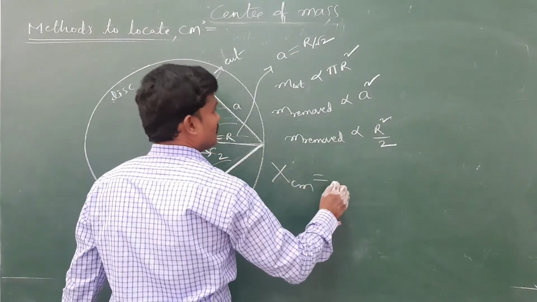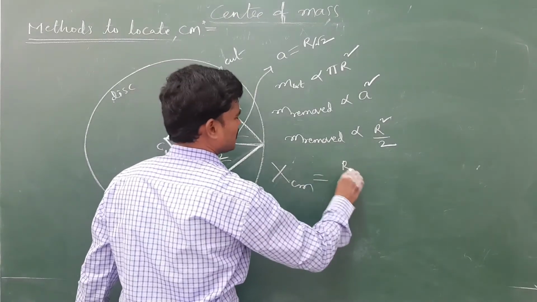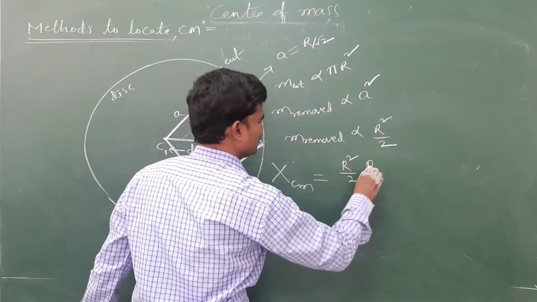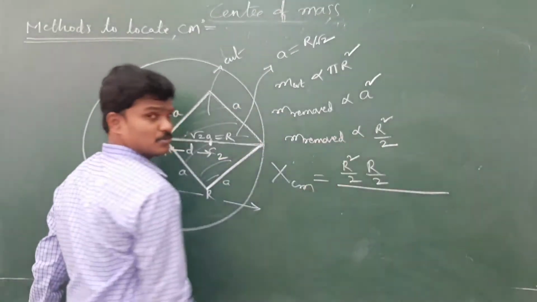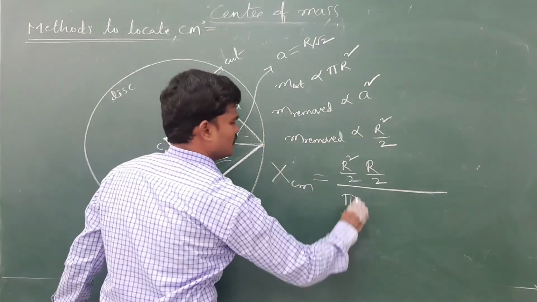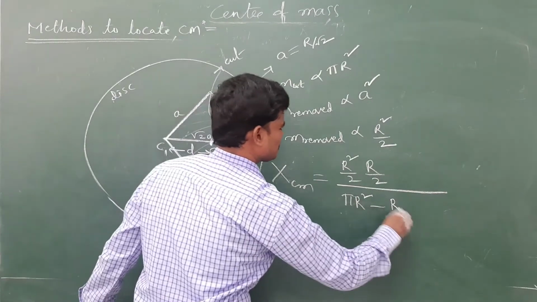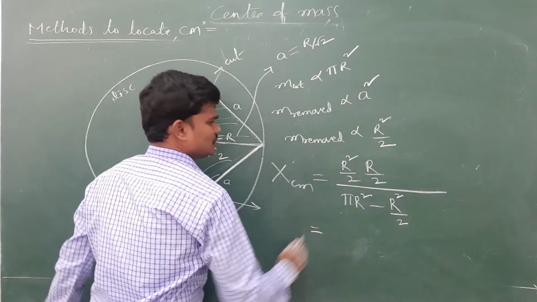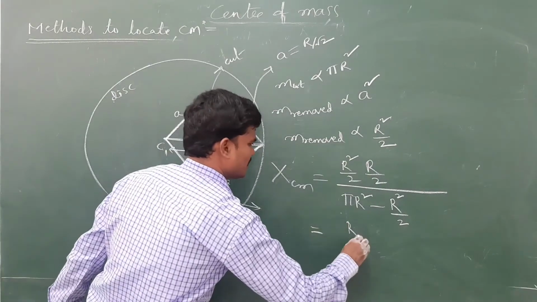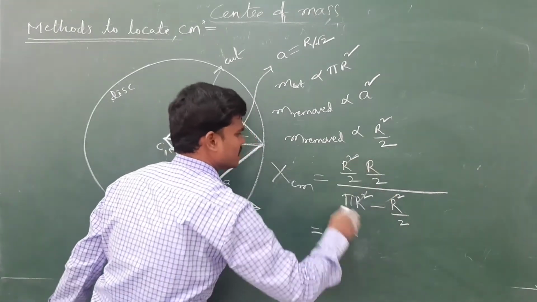So mass removed, R square by 2, into distance R by 2. Mass removed is R square by 2, total is pi R square. So you will get this R square cancelled.